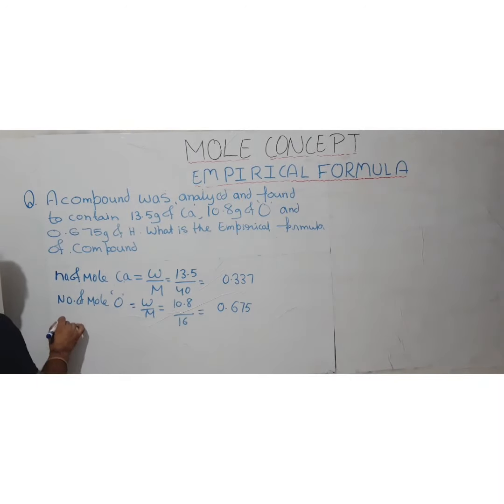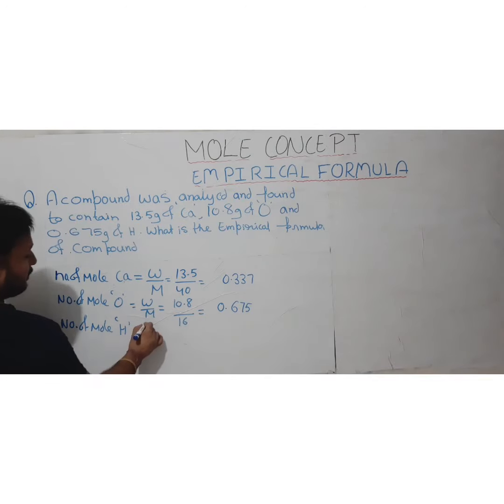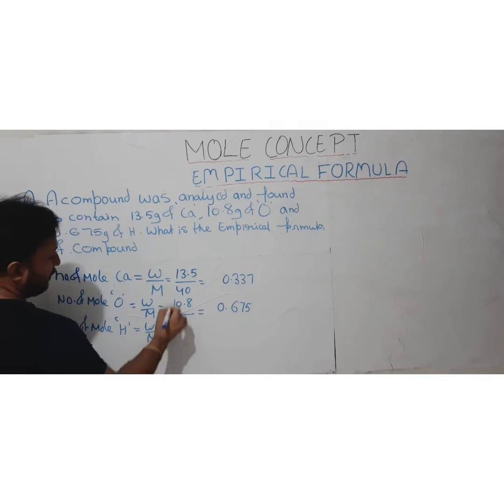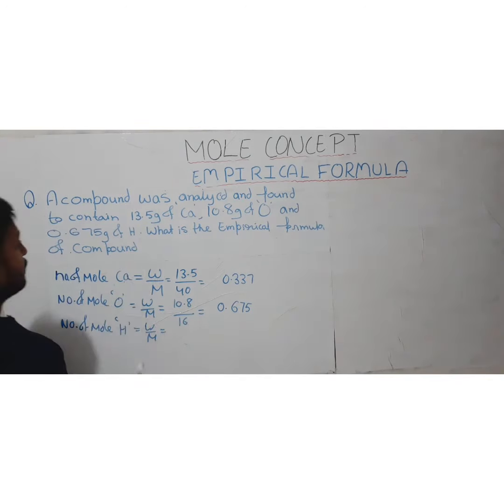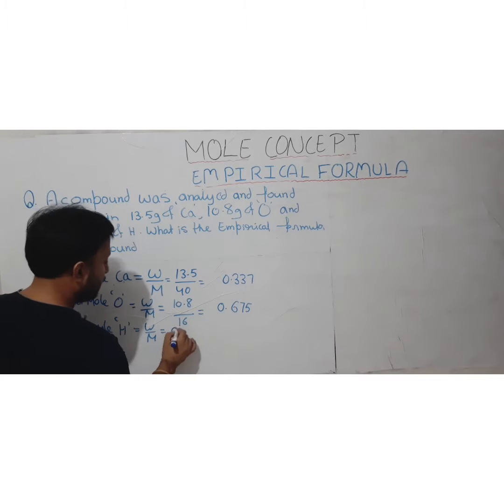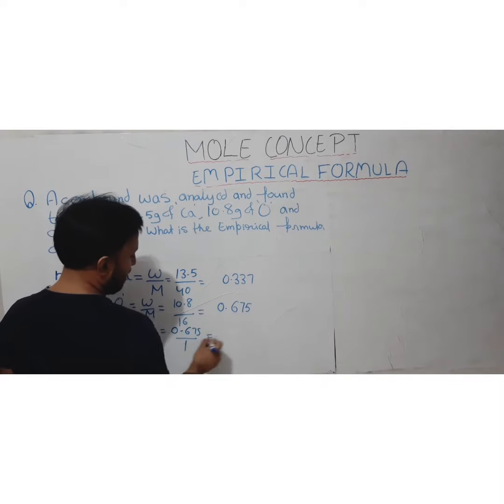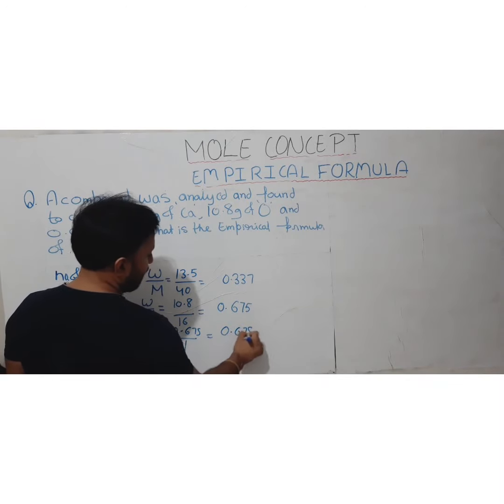Now we are going to calculate the number of moles of the third element, which is hydrogen, and its formula is again given mass upon molar mass. Now the hydrogen amount is 0.675 and will be divided by 1, approximately we used to take like that. So it will be 0.675 again.